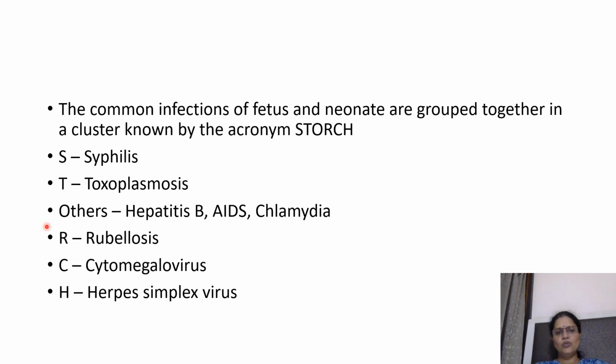Then O stands for other infections like hepatitis B, HIV, AIDS, and also chlamydia infection. R stands for rubella. C stands for cytomegalovirus infection, and H stands for herpes simplex virus infection. So these are the most common infections that happen through the transplacental route in the fetus.